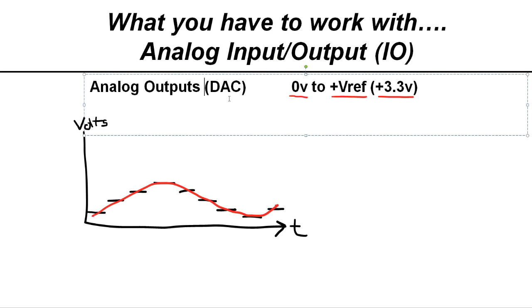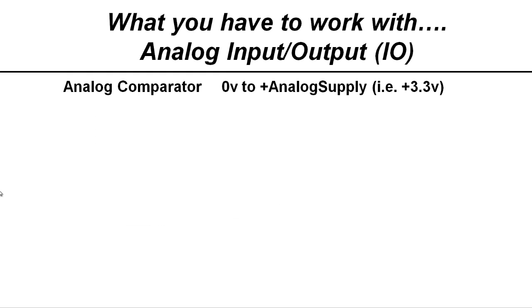Now, there's nothing stopping you from buying a DAC and hooking it up, and you can also, and we're going to look at another video, use PWM and a filter to generate an analog waveform. But ADCs, analog to digital converters, and DACs, digital to analog converters, allow us to interface with the external world.